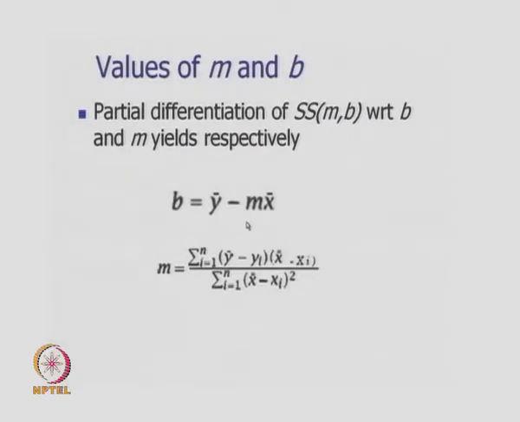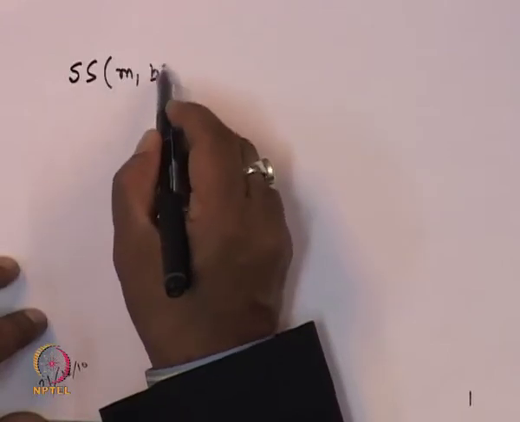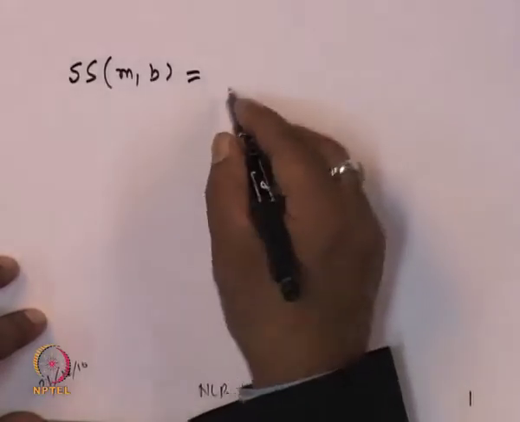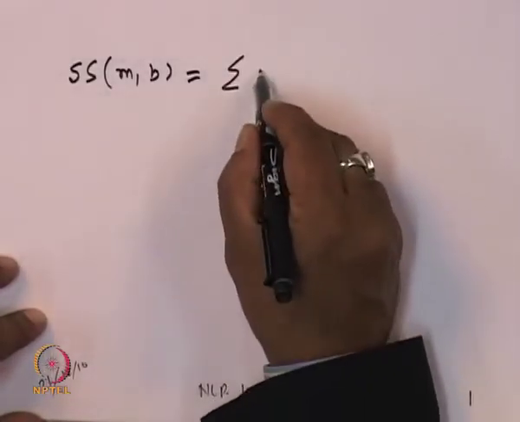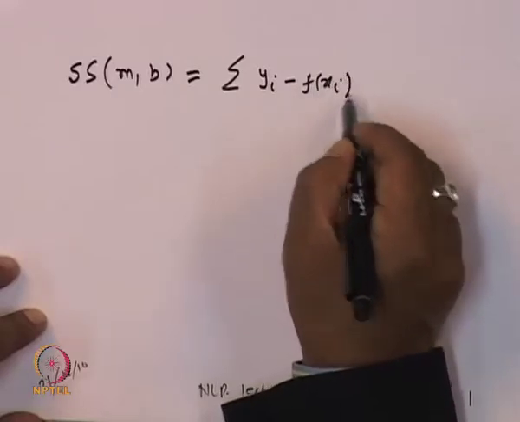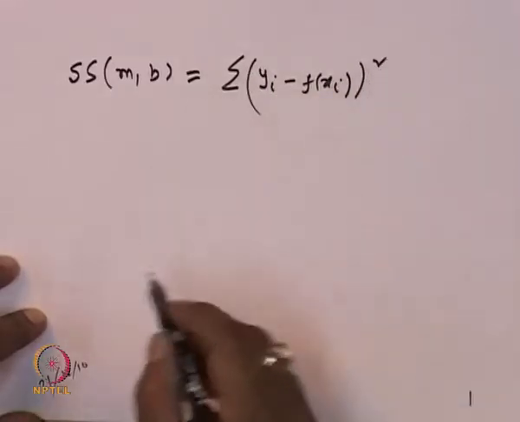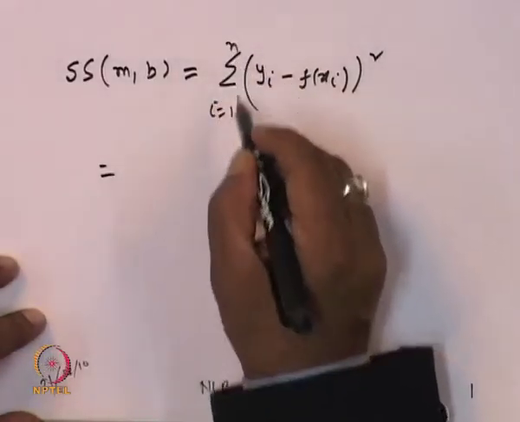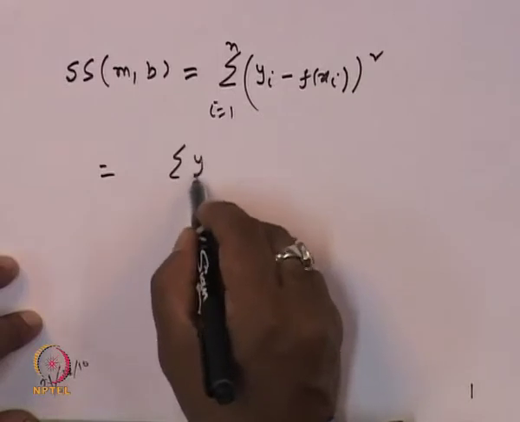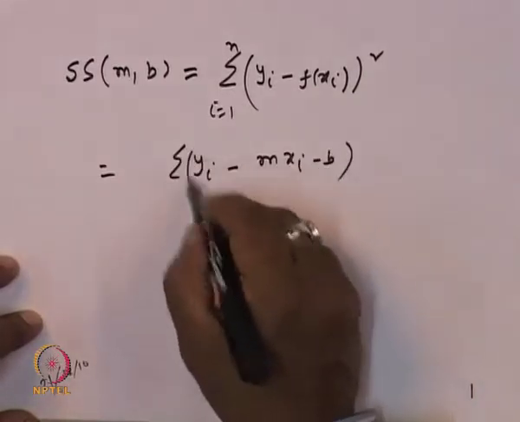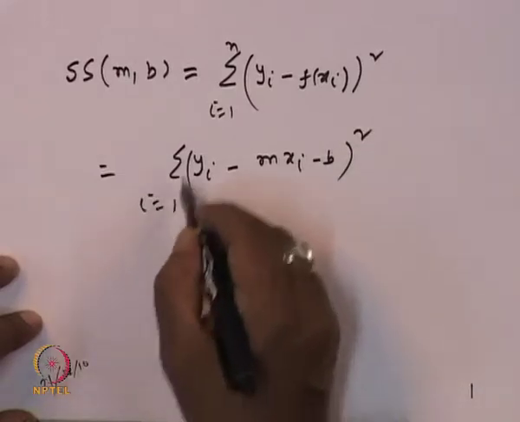Now, we have SS(m, b) is equal to the sum of (yi minus f(xi)) square, which is equal to the sum of (yi minus m xi minus b) square, i equal to 1 to n.